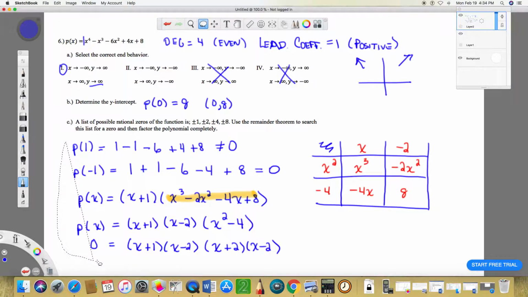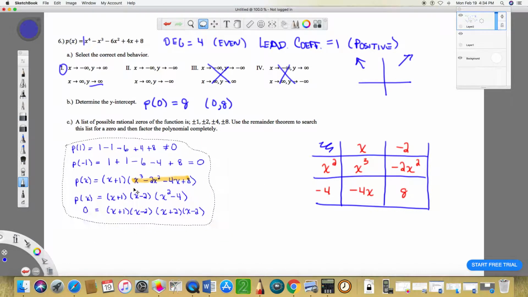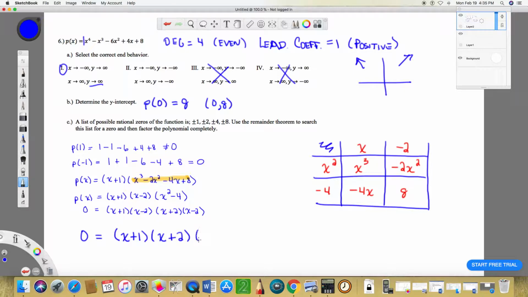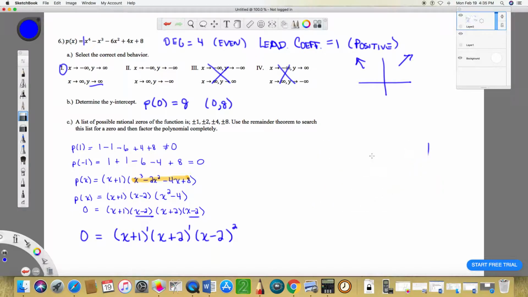And notice that we have two factors of x minus 2. So we've got one there and one there. So let's now complete our table.